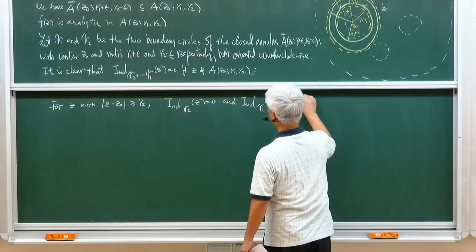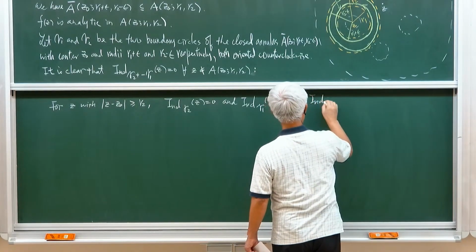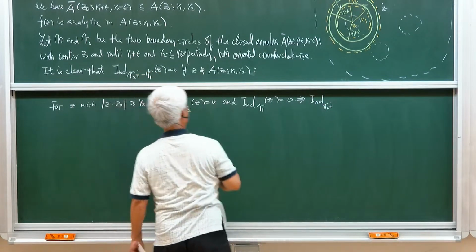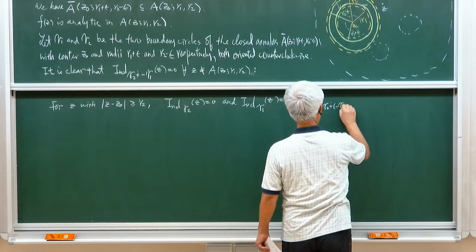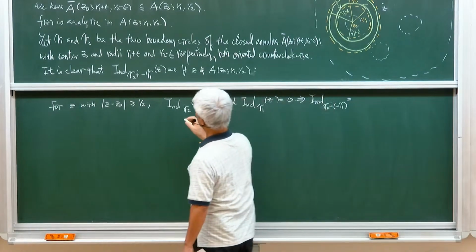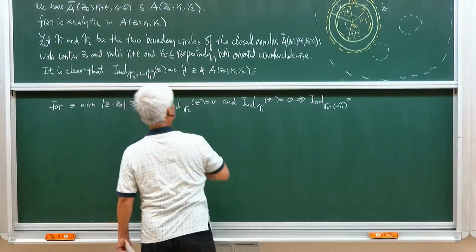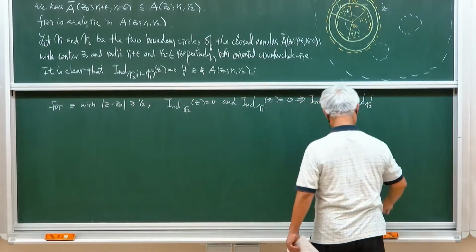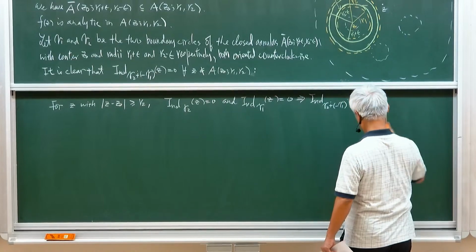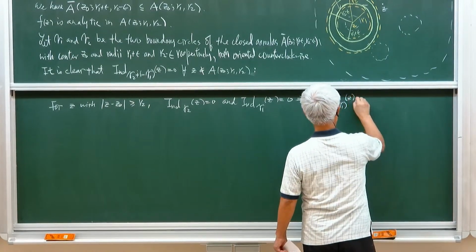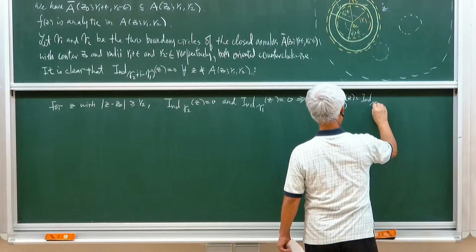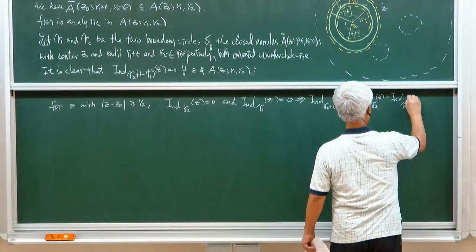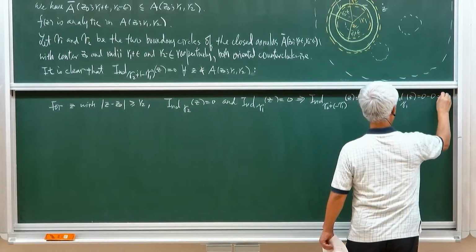This implies that the index of the cycle gamma 2 minus gamma 1 is the index of gamma 2 at z minus the index of gamma 1 at z, which is 0 minus 0, which is 0.